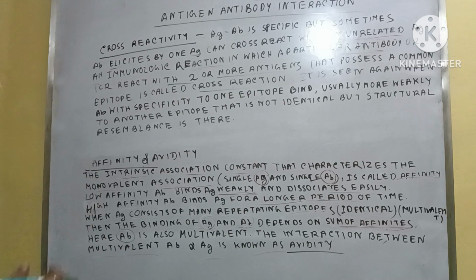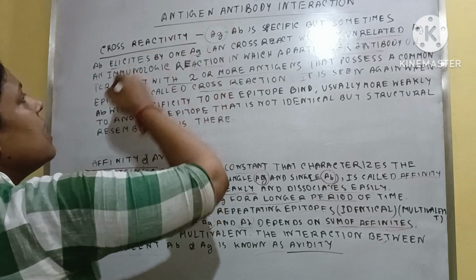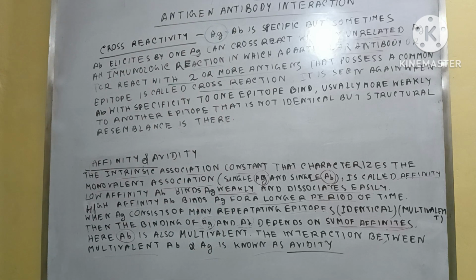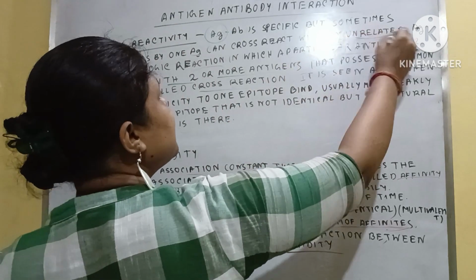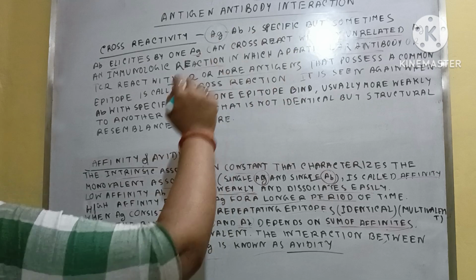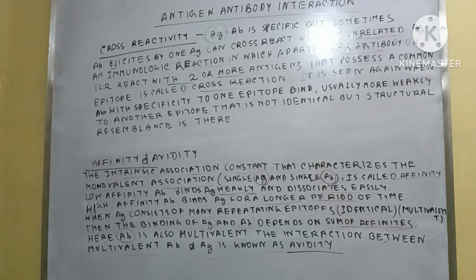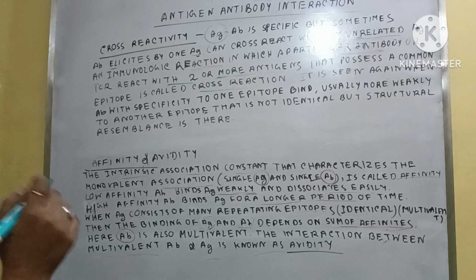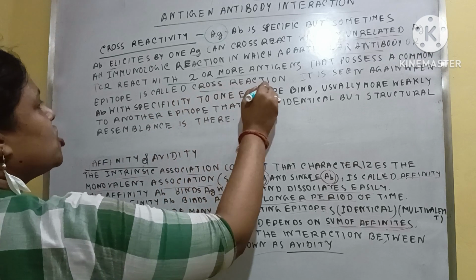So what I am saying here is that antibodies are very specific to an antigen, but sometimes they try to bind with an unrelated antigen. In that situation, the cross reaction is seen.